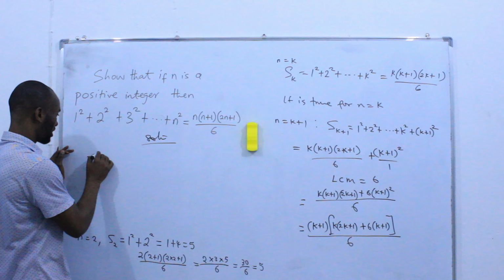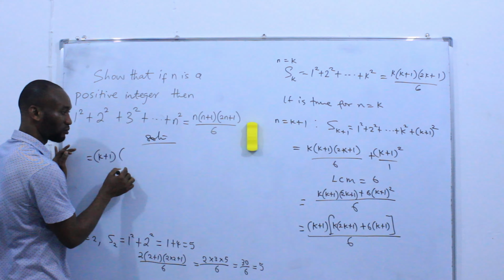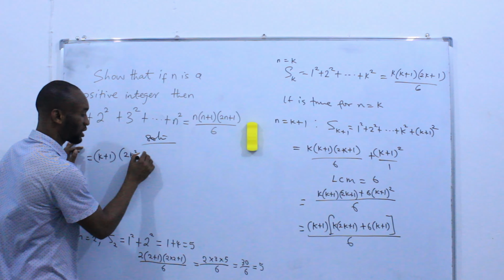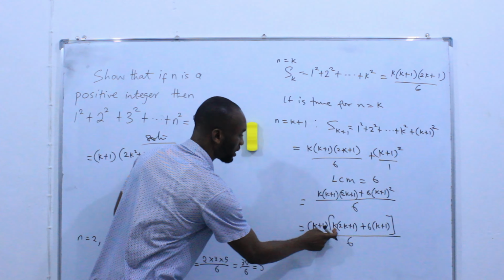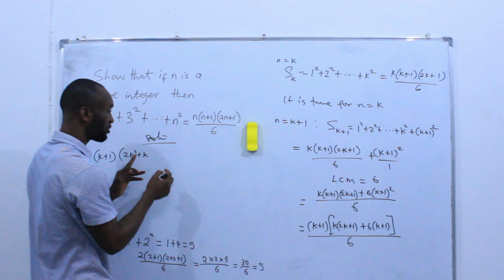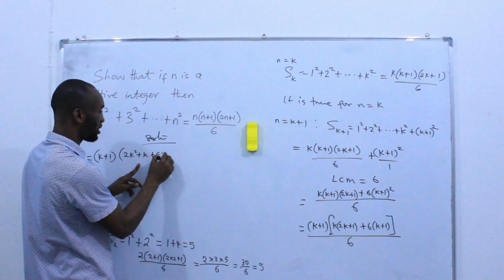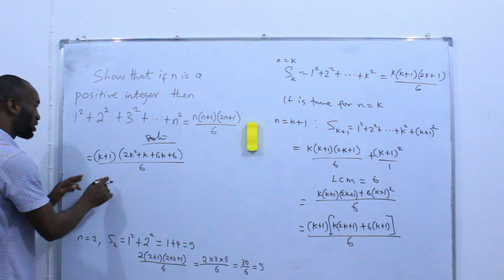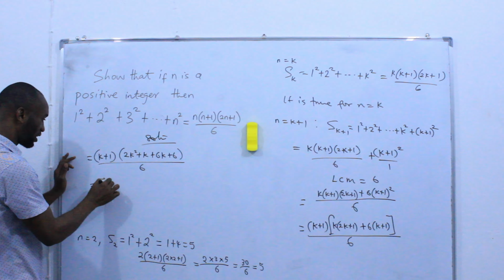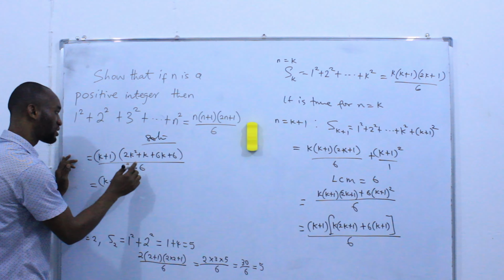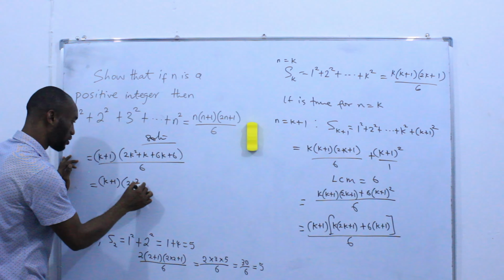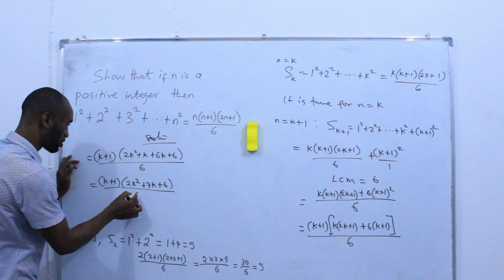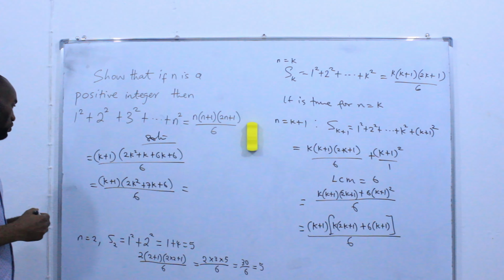We are going to have (k+1)(2k squared plus k), that is expanding k times 2k and k times 1, plus 6k plus 6, everything divided by 6. If we simplify that further, we have (k+1)(2k squared plus 7k plus 6), all divided by 6.